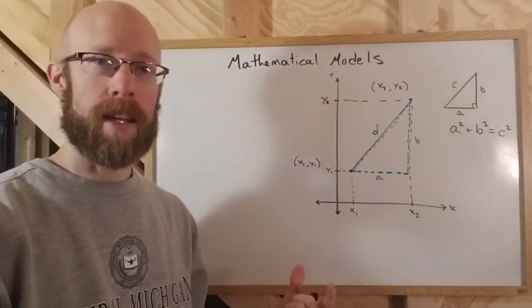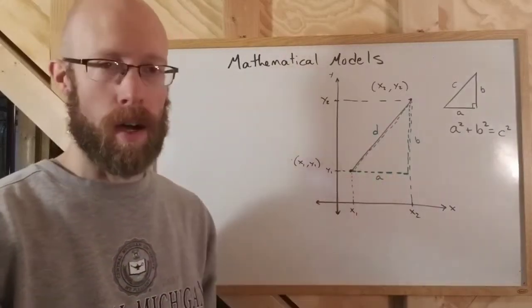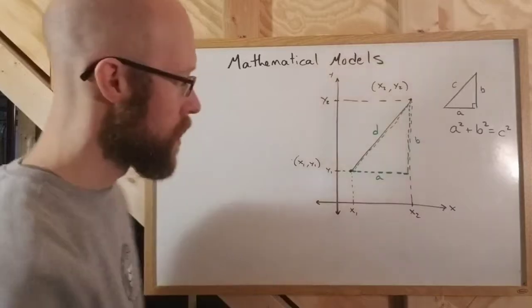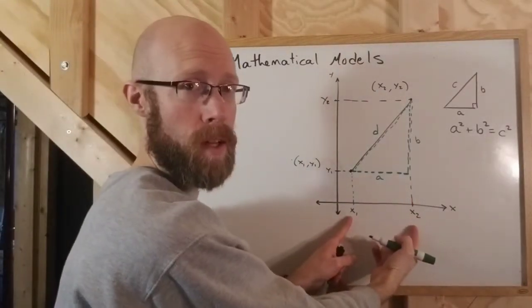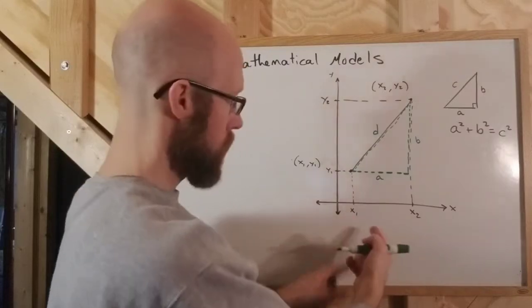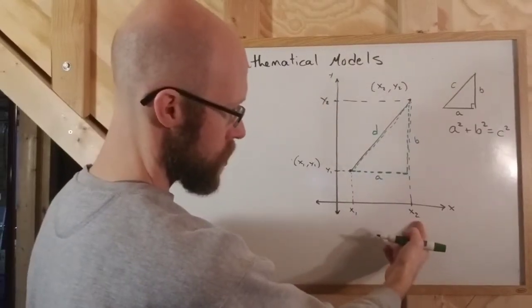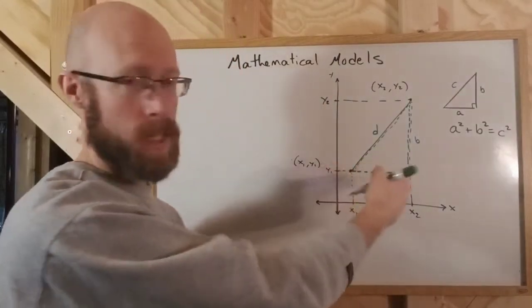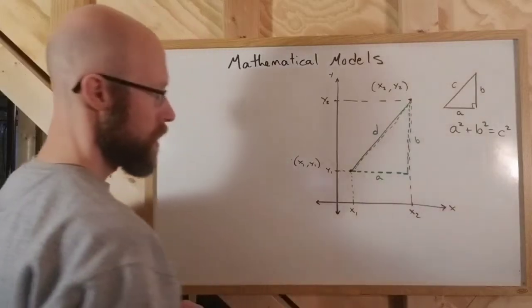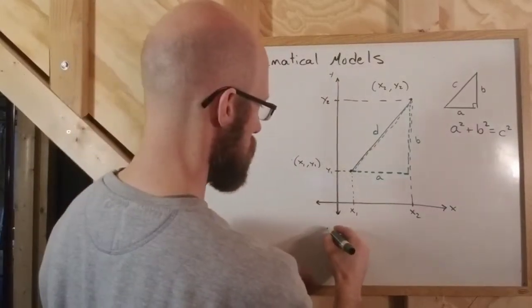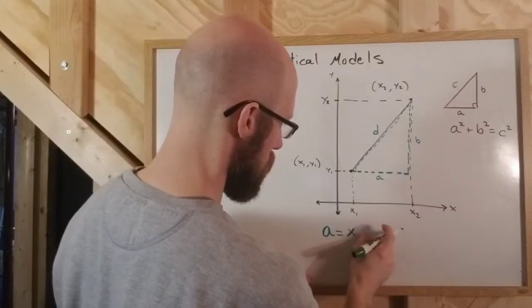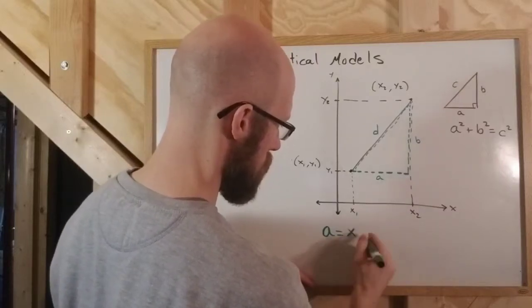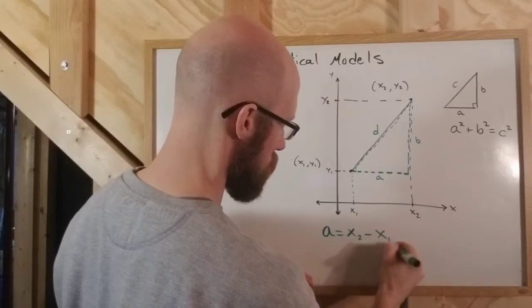So how do I find all these different side lengths? Well, the side length A is going to come from the difference between the 2 points. If we took x2 and subtracted x1, you'd get the distance between them, A. So A equals x2 minus x1.